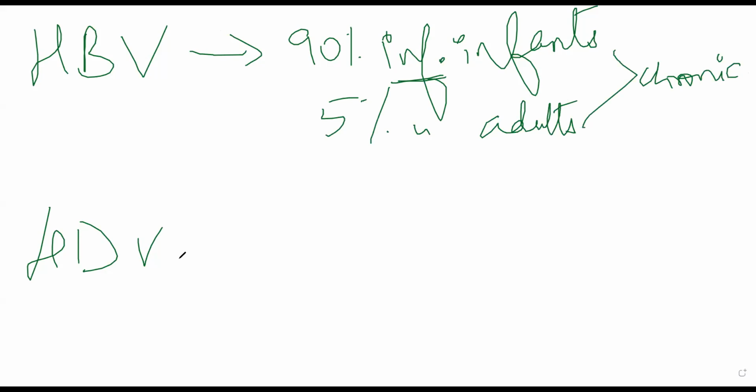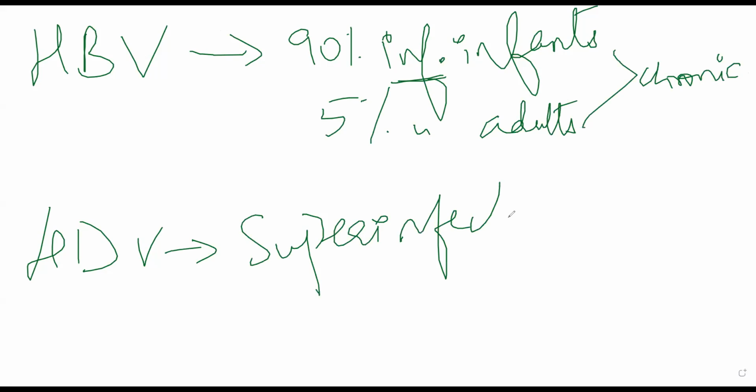In case of HDV, it is mainly superinfection. If it is occurring as a superinfection with HBV, you already know what is the difference between superinfection and co-infection. If it is occurring as a superinfection with HBV, almost 10 to 40% of cases will develop chronic hepatitis.